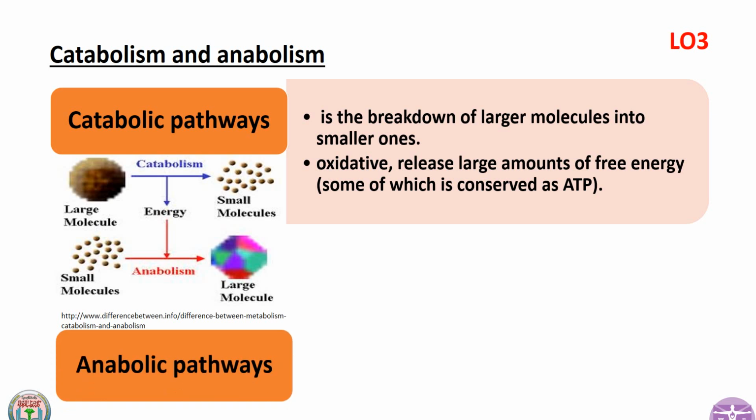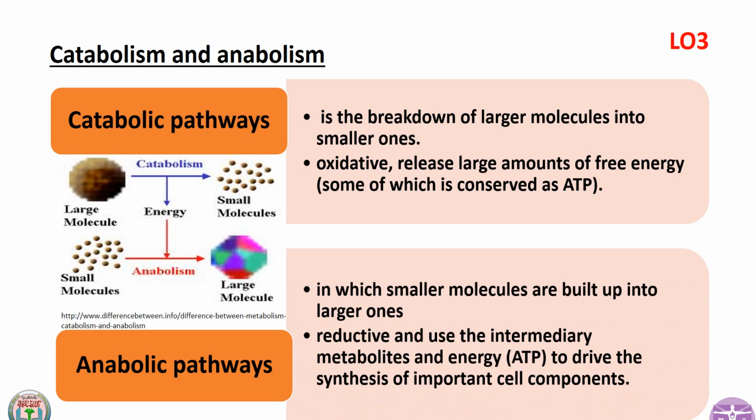Or the other is the anabolic pathway or anabolic reaction, in which small molecules are built up into larger ones. These reactions and pathways are reductive and use the intermediate metabolite and energy in the form of ATP to drive the synthesis of important cell components.